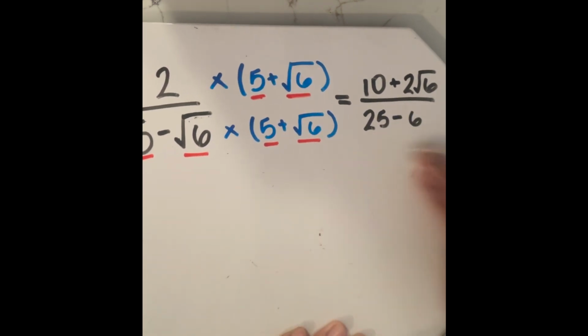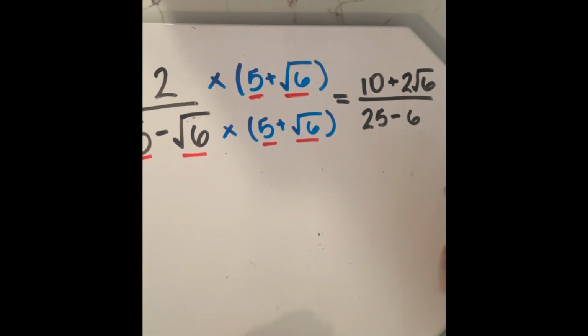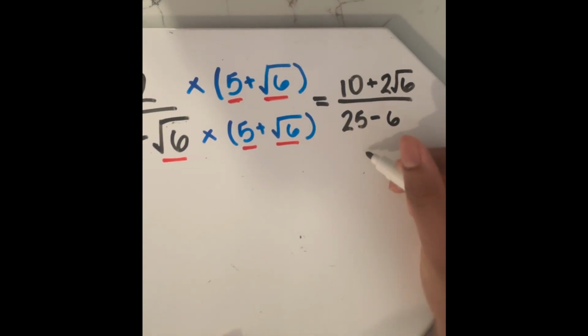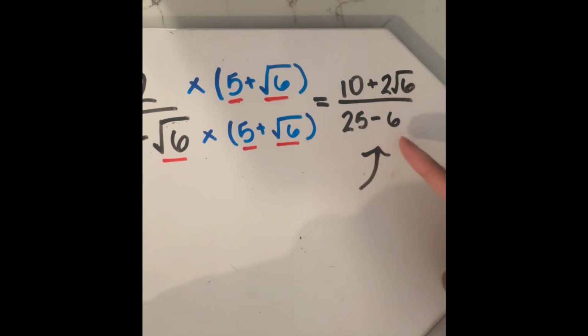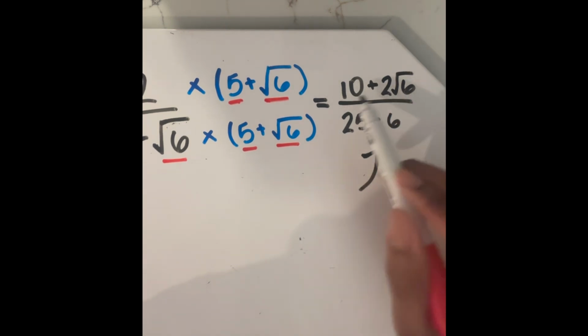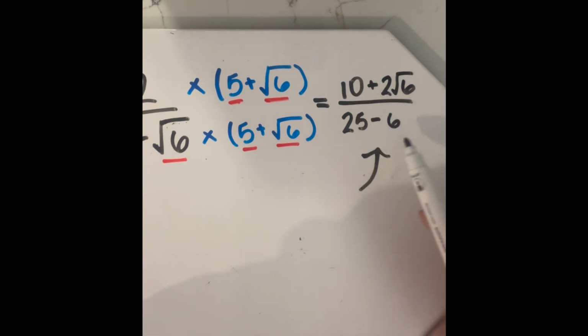And we can resume to this expression over here. So we have 10 plus 2 times the square root of 6 over 25 minus 6. There's not really much we can do up here in our numerator to simplify, but we can simplify our denominator because we have 25 minus 6. So we can just solve that. We know that 25 minus 6 is 19.